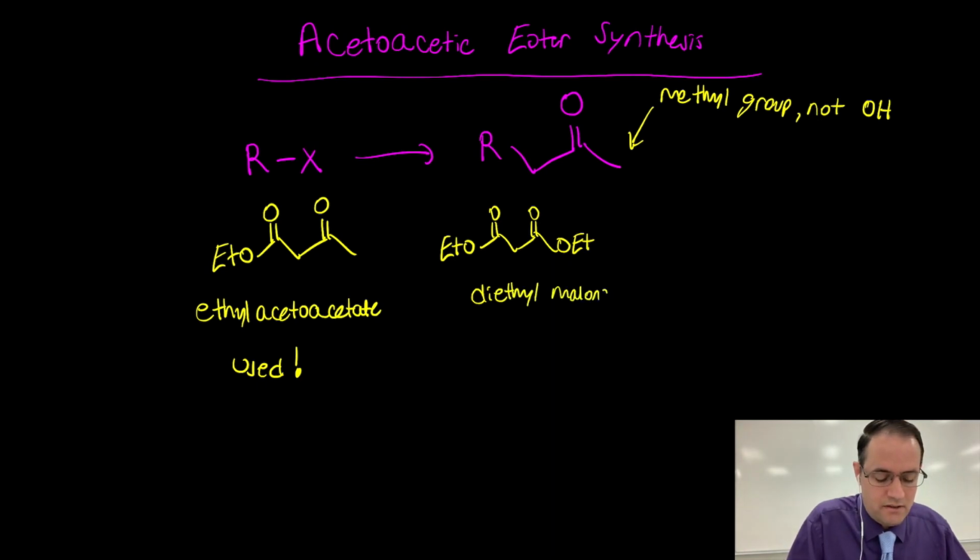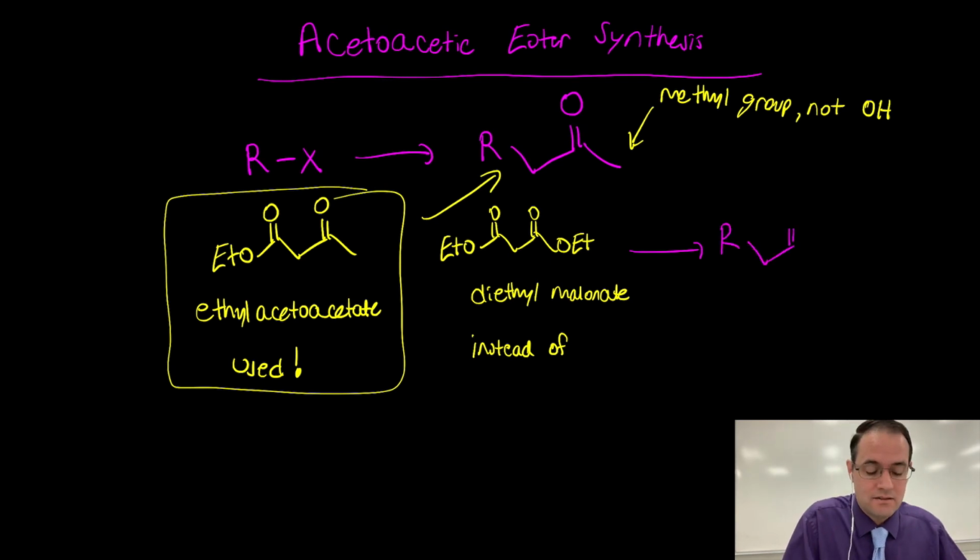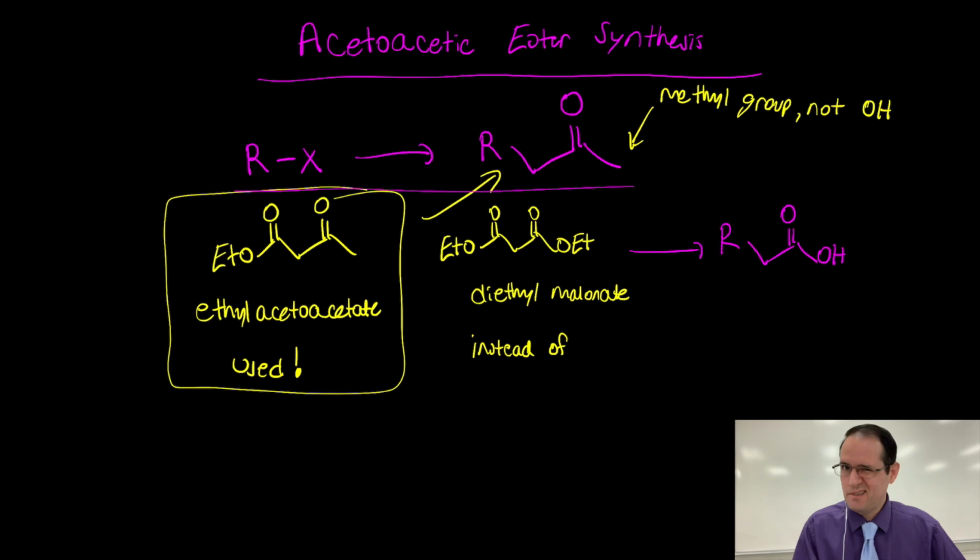So this is diethyl malonate. So you use ethyl acetoacetate to make ketones, and you use diethyl malonate to make carboxylic acids. Okay? So guess what? The procedure is exactly the same, except it's a slightly different starting material, and the pKa's might be a little different.